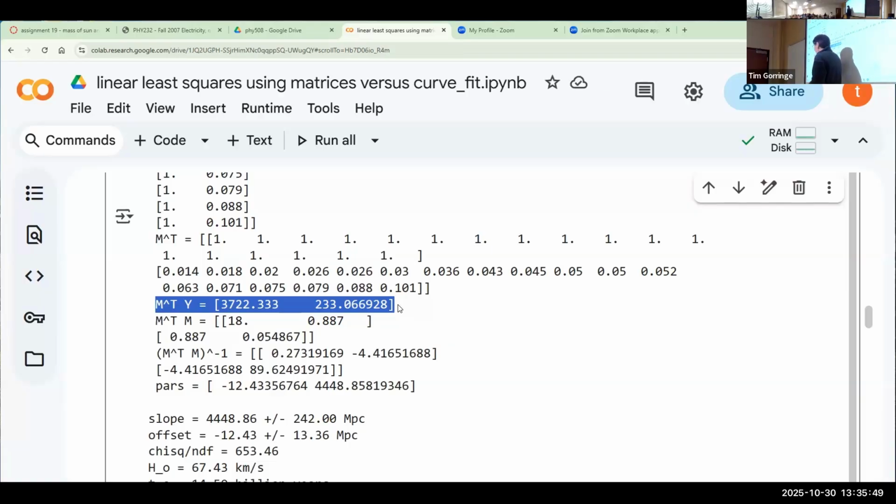And Y is just one long column. So when you multiply those two together, you just get this two-element array here.